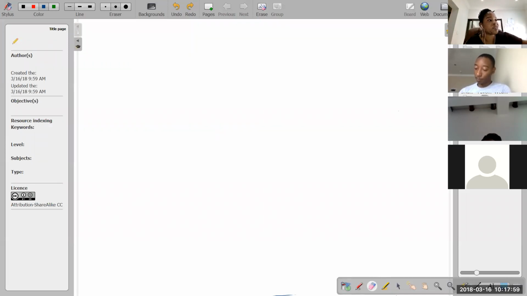So let's look at the first example. From our lecture notes, it says the time it takes to finish a standard entrance exam is normally distributed with a mean of 60 minutes and a standard deviation of 8 minutes.